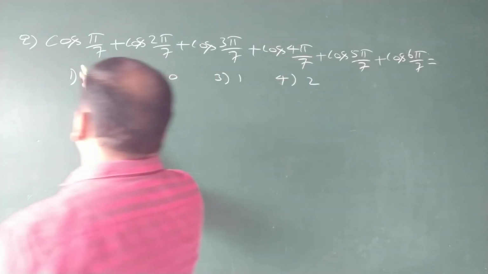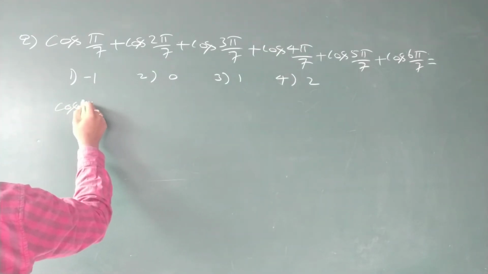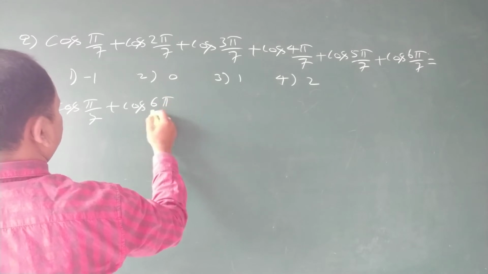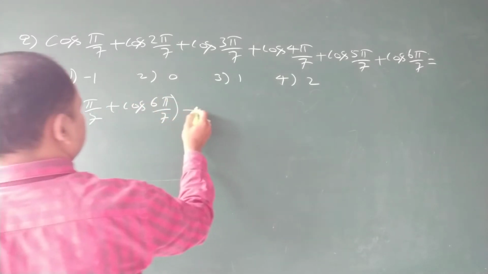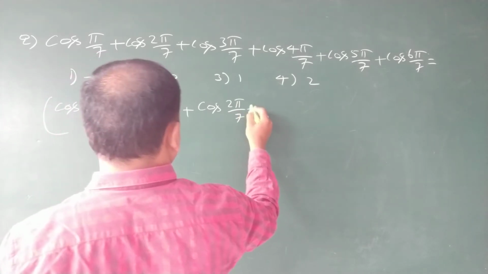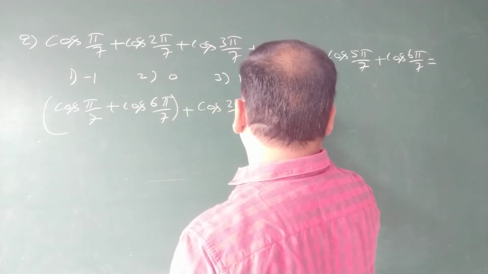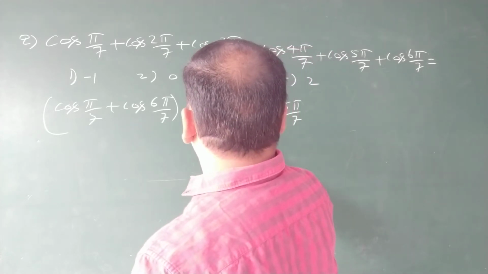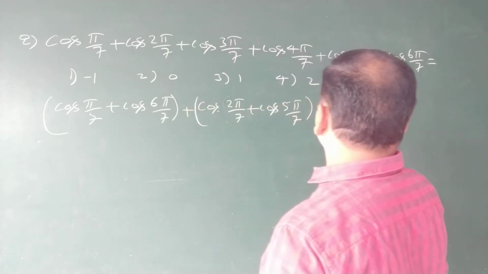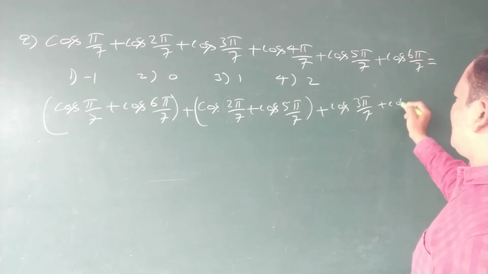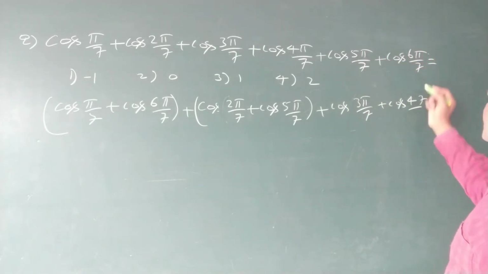Here we write cos pi by 7 plus cos 6 pi by 7, plus cos 2 pi by 7 plus cos 5 pi by 7, plus cos 3 pi by 7 plus cos 4 pi by 7.